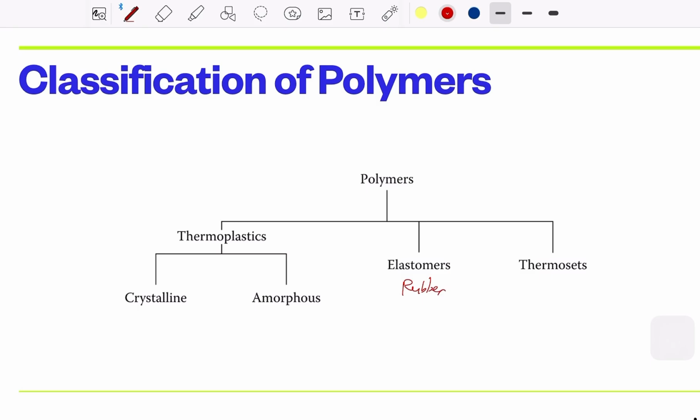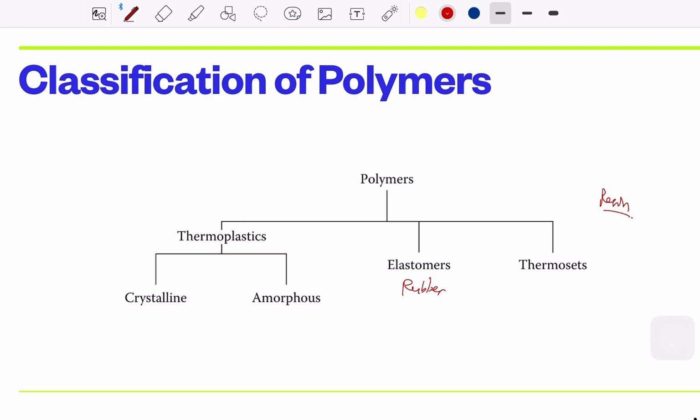And thermoplastic is what we call, in daily life, plastic. It's actually a thermoplastic. Thermosets, if you're familiar with resin, if you have played with resin before, usually if someone won an award, a certificate or a plaque, it is made of resin.